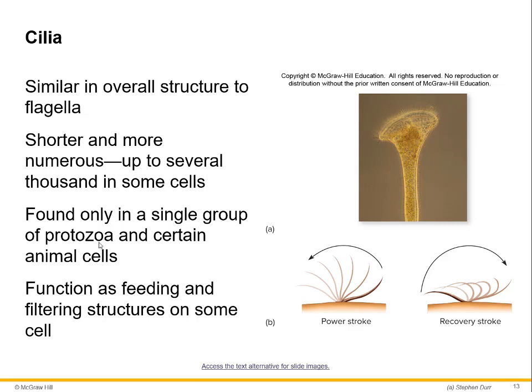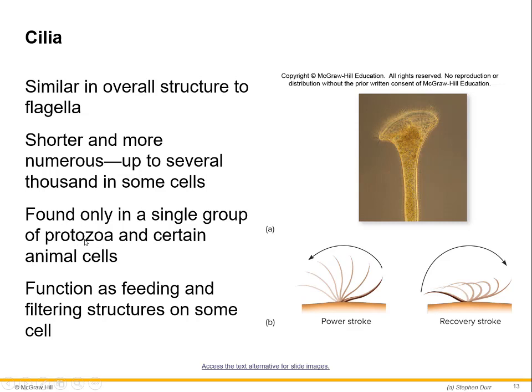There are cilia in our eukaryotic epithelial tissues, like the respiratory tract. That is true, but as far as the microorganisms are concerned, protozoa are the only group. So certain animal cells and then protozoa are the only ones.